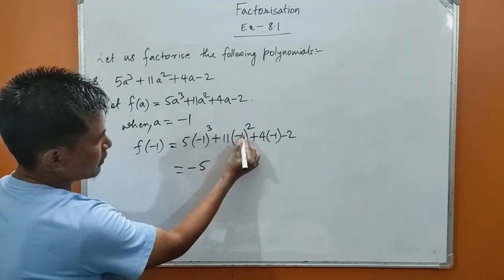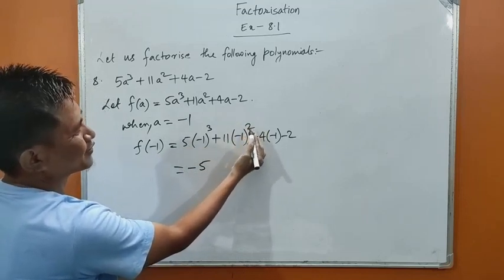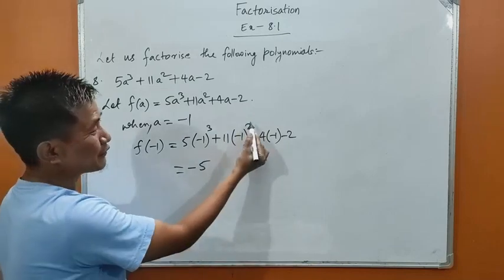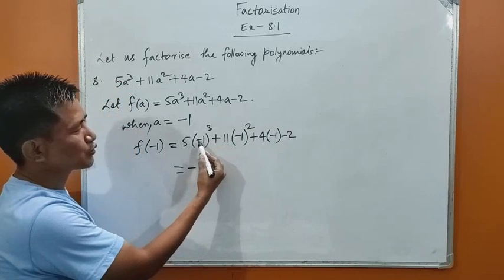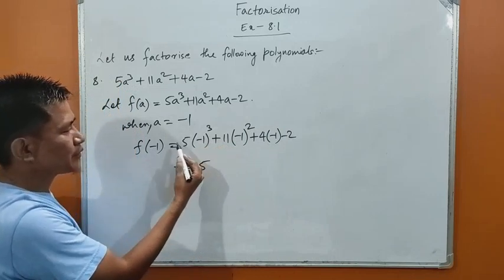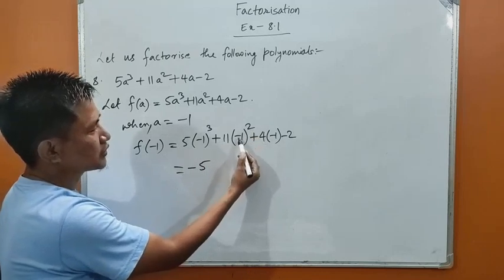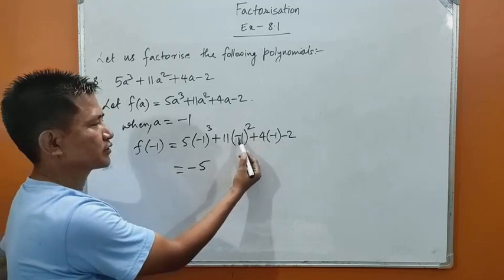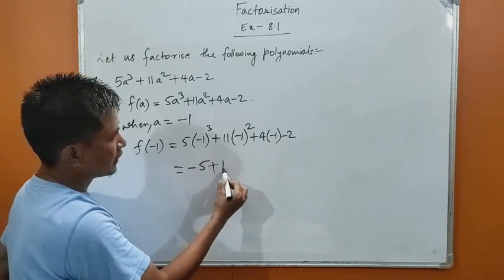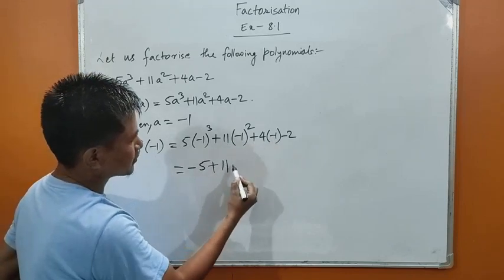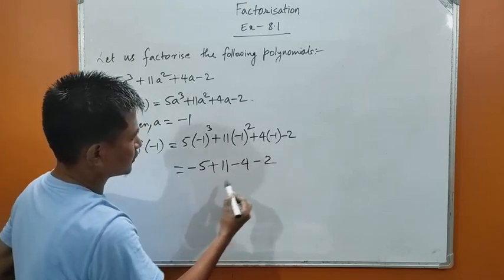Here I am talking about odd or even. This is an odd number, so the sign will remain negative. Negative into positive is negative. Now since this is an even number, this sign will change to plus. Plus into plus is plus, so 1 into 11 is 11. Plus into minus is minus. 4 ones are 4, minus 2, isn't it?